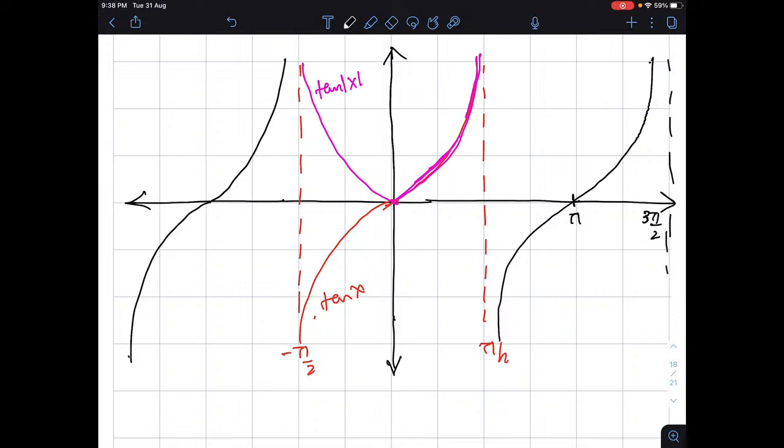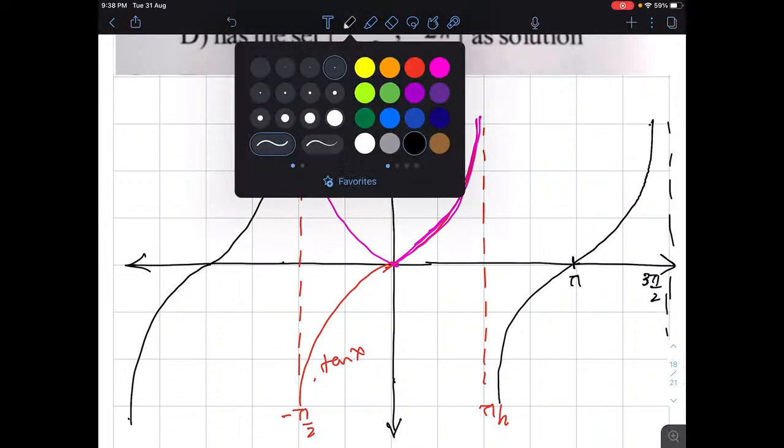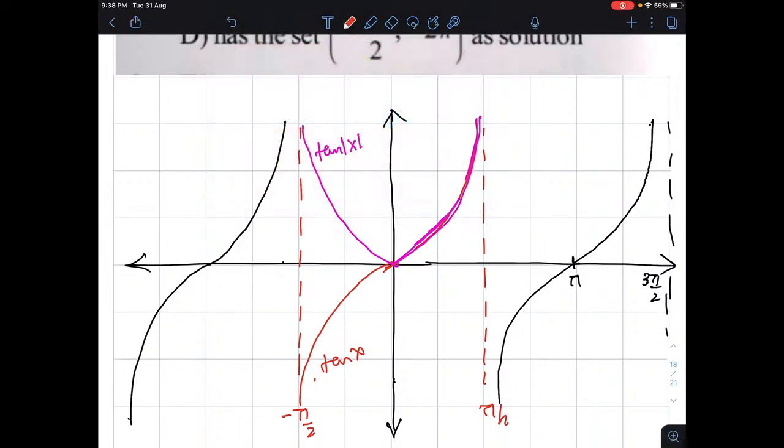So guys, easily you could see that the pink colored picture, this is the red colored we have drawn with the black colored now, will come and overlap upon the black colored picture or the red colored picture. So if it is overlapping completely, that means it will have infinitely many solutions. Like this, it is overlapping, no?